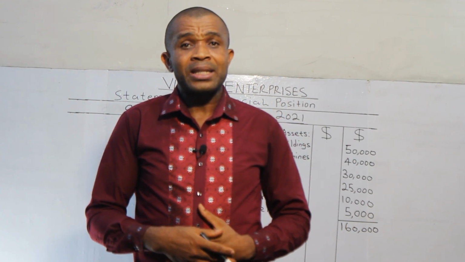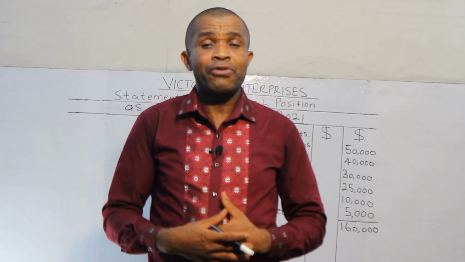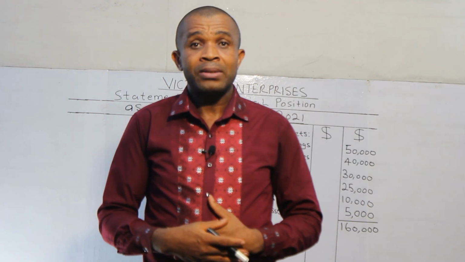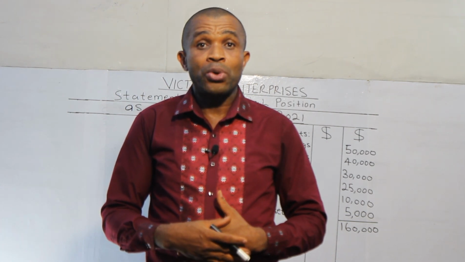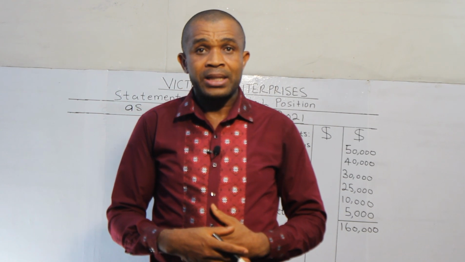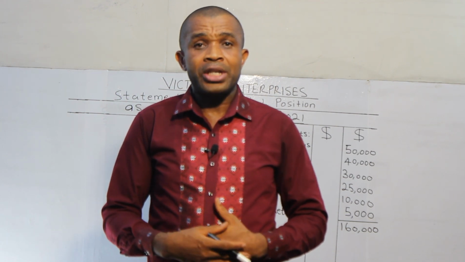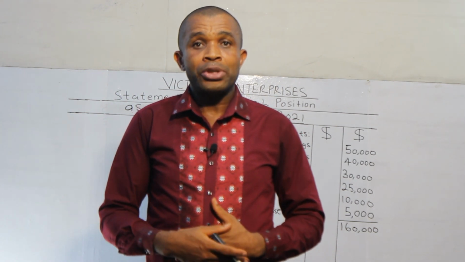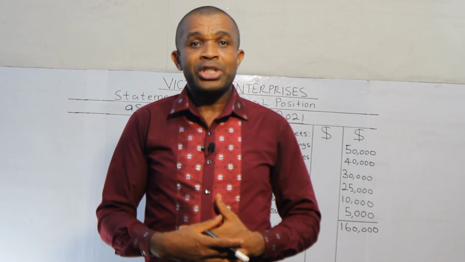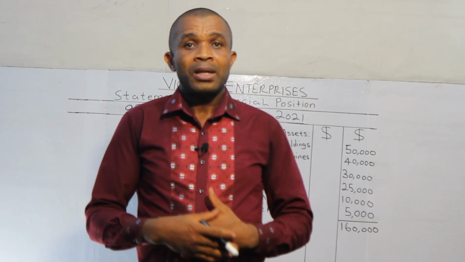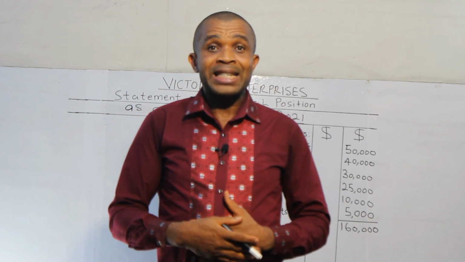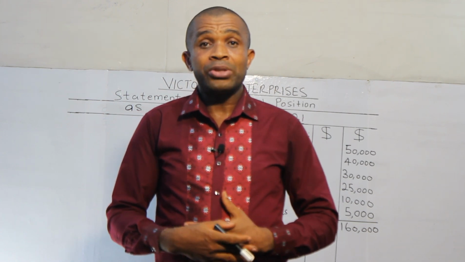The current assets are those assets that can change from one form to another. Sometimes they can be referred to as liquid assets. They include items like inventories, receivables, marketable securities, amount in the office as cash, and amount in the bank.